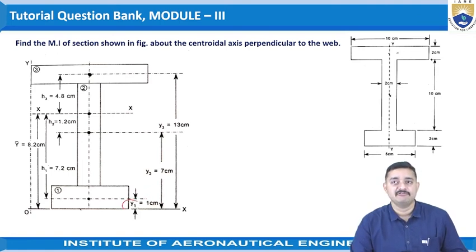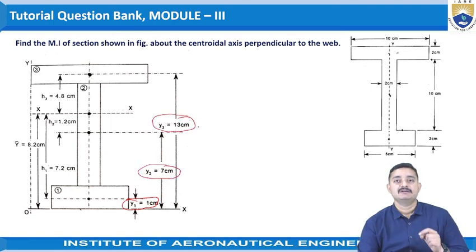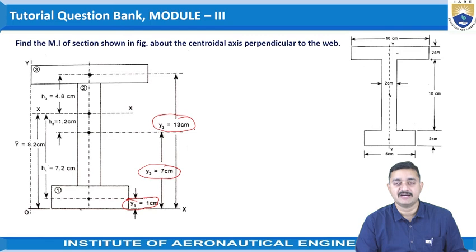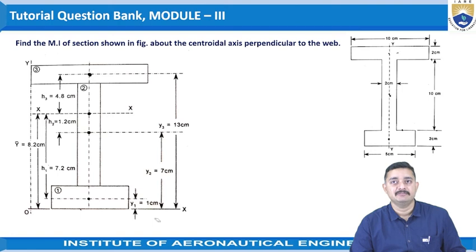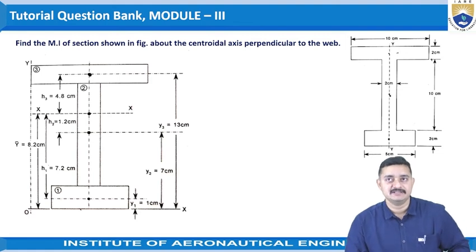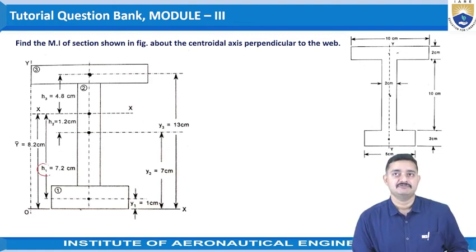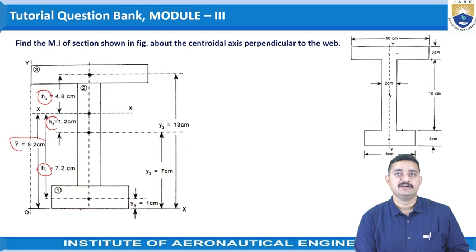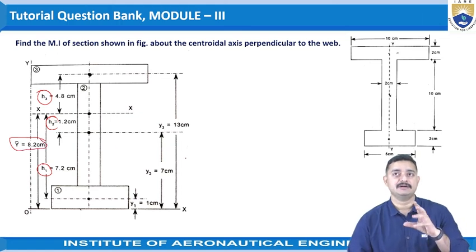Hence, the values of y1, y2 and y3, which are the y coordinates of the centroids of the individual parts, are identified, and the areas A1, A2, A3 are also taken. After that, we can identify the h1, h2 and h3 of the lamina, as we have already identified the centroid for this complete composite lamina.